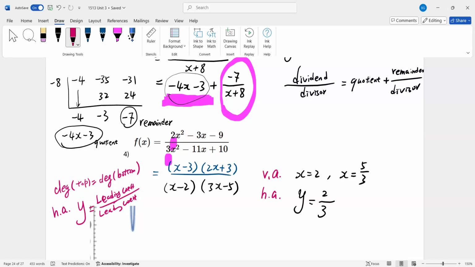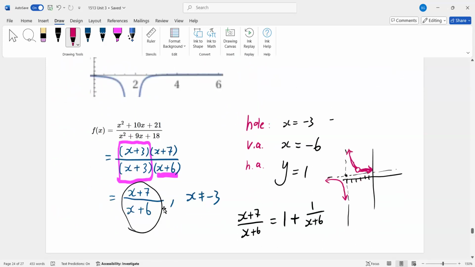And then you look at the vertical asymptote and the horizontal asymptote, all right? If the numerator and the denominator have the same degree, then the horizontal asymptote is the quotient of the leading coefficient on the top and the leading coefficient on the bottom. Like this one, 2/3.